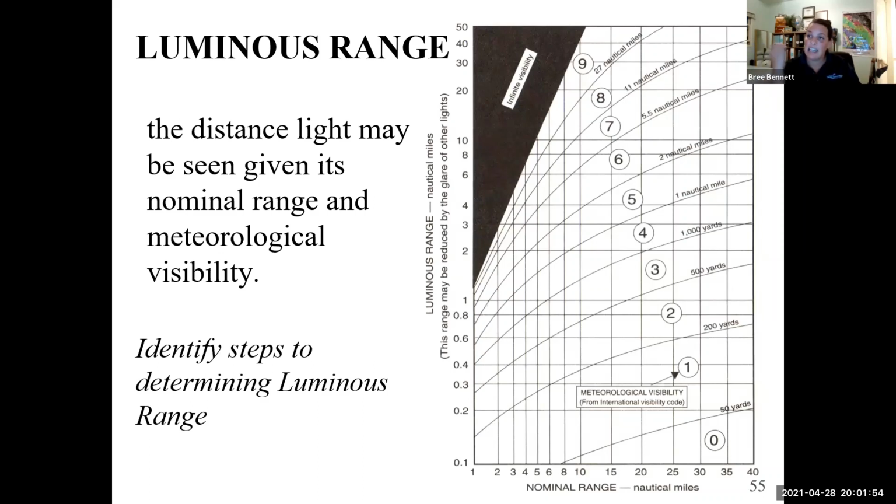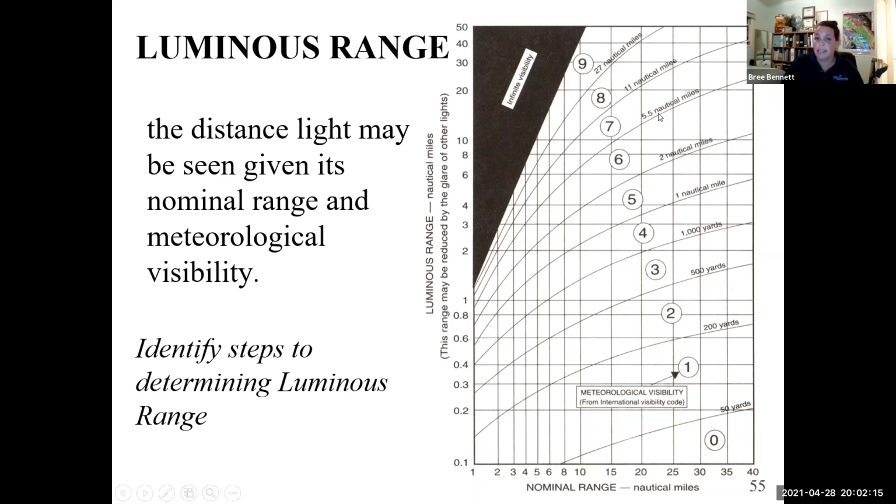But because it has a light, and that's why we put our lights on when we're driving in the rain, we can see that car further out. In perfect visibility, that's our nominal range. We're going to see the car and light at the same time.